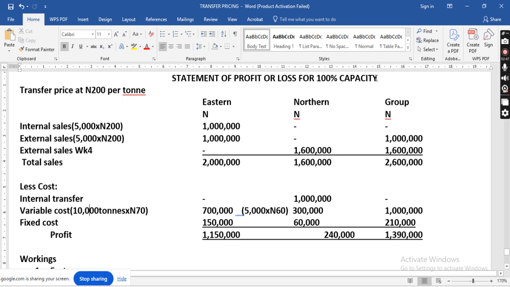But we added Eastern and Northern together to give us 1 million. The total is not 5,000 for Eastern, then 5,000 for Northern, like the breakdown. Yes, that's what makes up 10,000 tons for the variable cost. The addition of the external and the internal. That's what they produce.